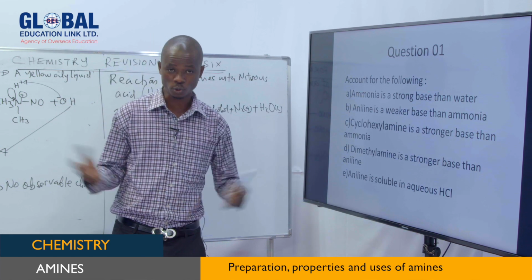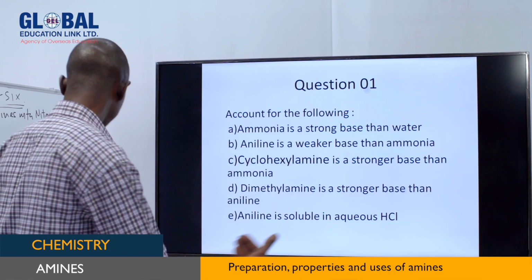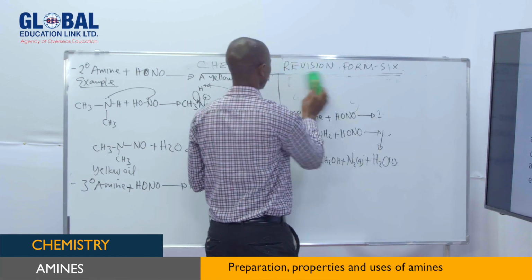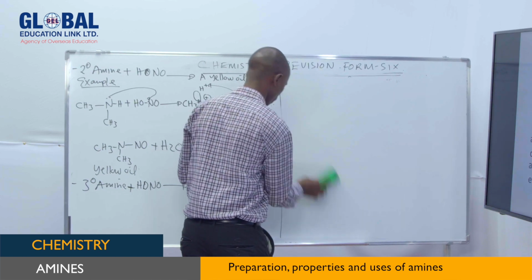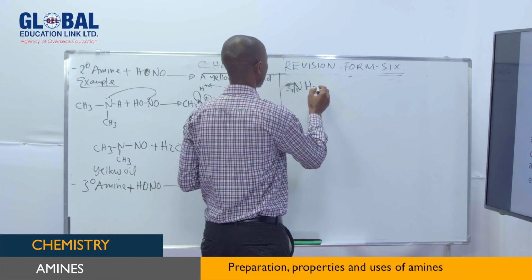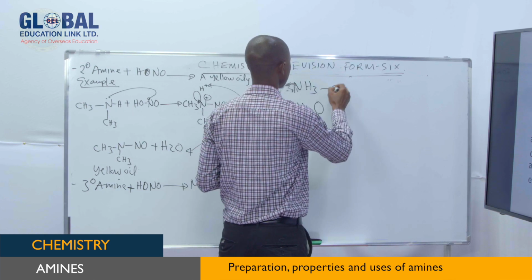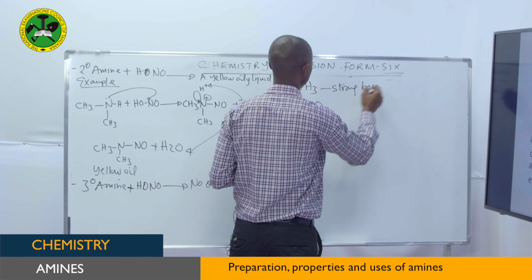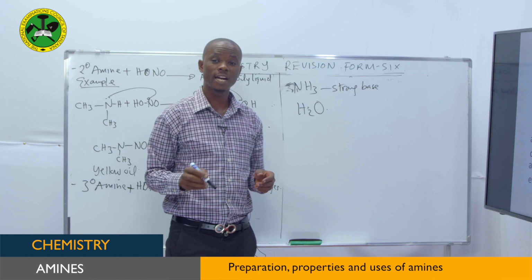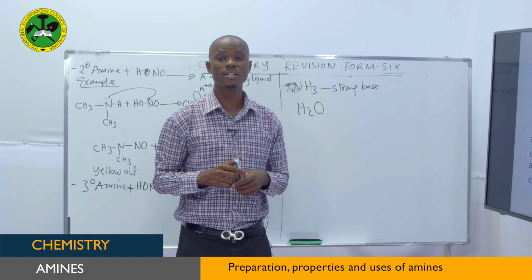Now, this one is very simple to explain. Ammonia is a stronger base than water. If we come back to the board here, trying to solve that problem, this is ammonia and we have water. This is a strong base compared to water. Why? If you remember, I told you that the basic strength of any chemical substance depends on two things.